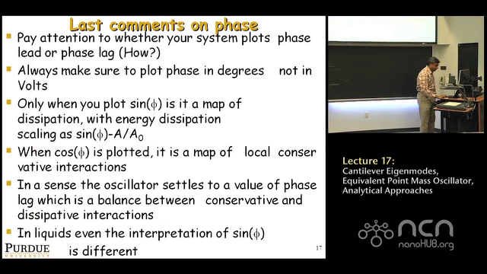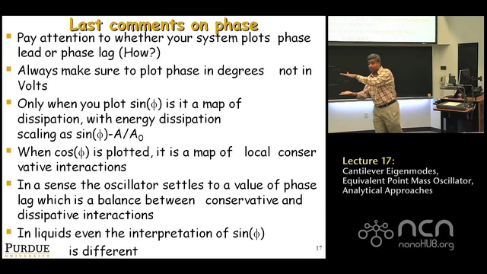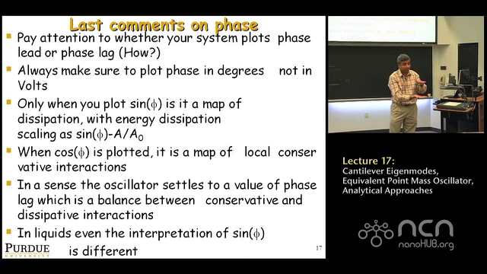So, if I truly plot not just the phase lag phi, but sine of the phase lag minus the set point ratio, A over A0, that quantity, if it's double the value at some place compared to another place, that means the energy dissipation is double compared to here. That's how you can start making quantitative comparisons of energy dissipation.